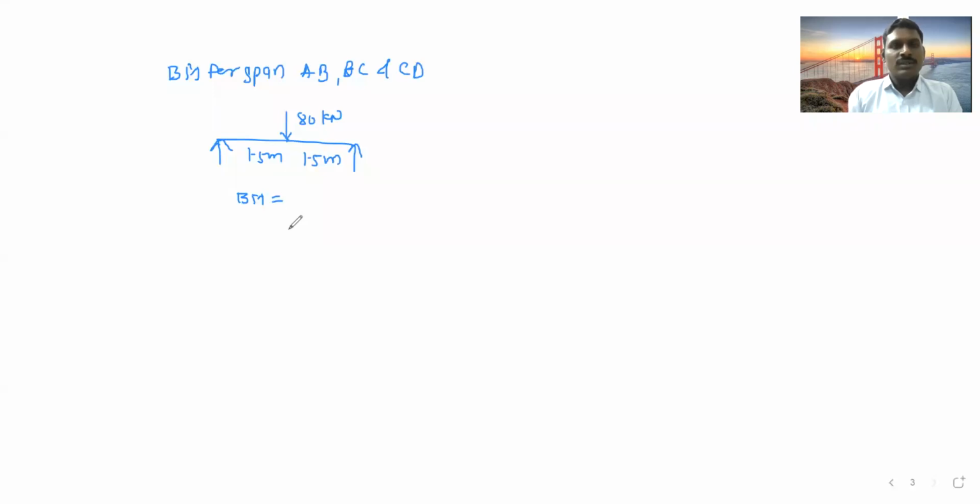WL square upon 4, or WL by 4. It will be WL by 4. So W is 80, into L is 1.5 plus 1.5, 3, divided by 4.